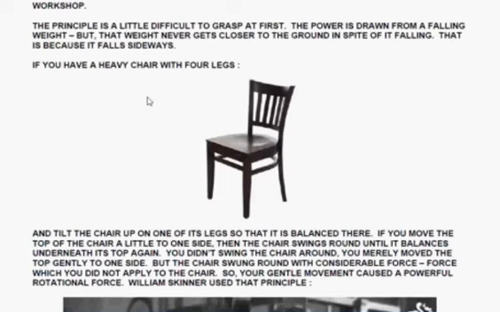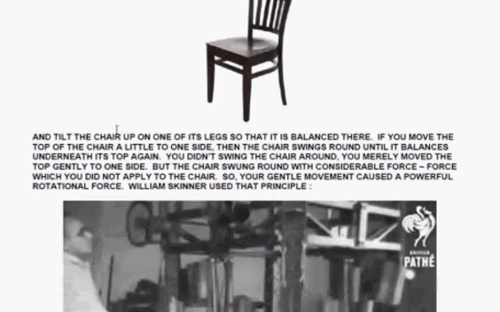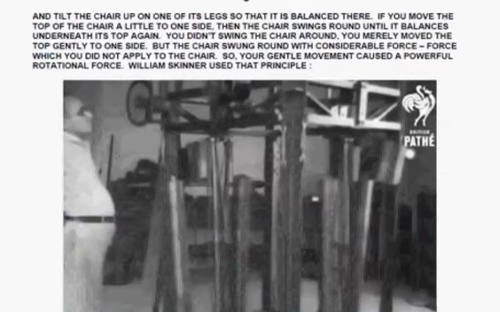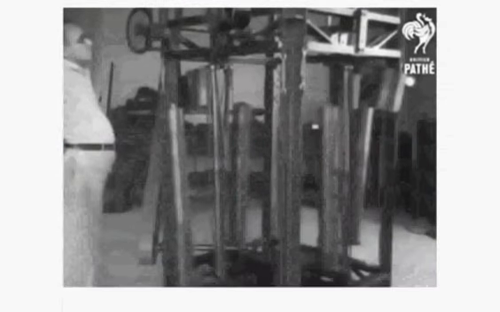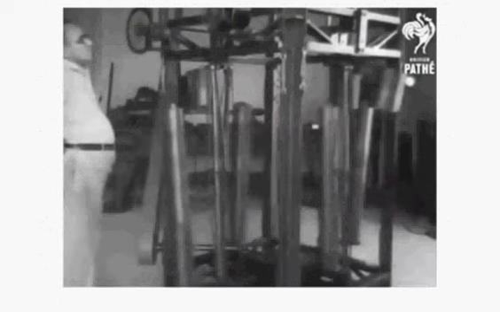You think of something falling as something that moves closer to the ground. Well, this thing is falling, but it's not moving closer to the ground. And it can fall continuously, and it does fall continuously. Here's a picture of William Skinner with the bottom half of his device. These big vertical cylinders are the weights that he's using to go round and round.